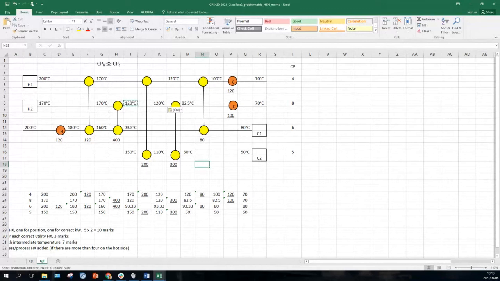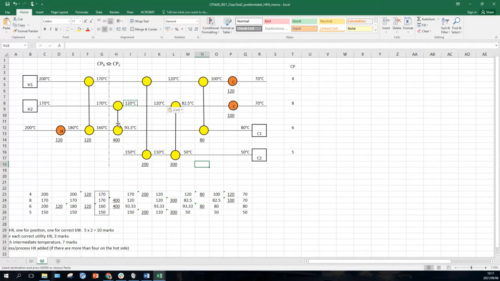Shouldn't you then start the analysis between H1 and C2? Let's have a look. H1 and C2. No, because that's not against the pinch. You have to always start against the pinch. So start the analysis with that one.